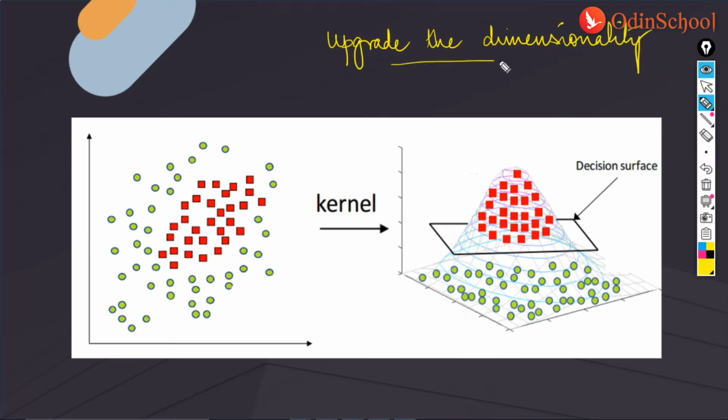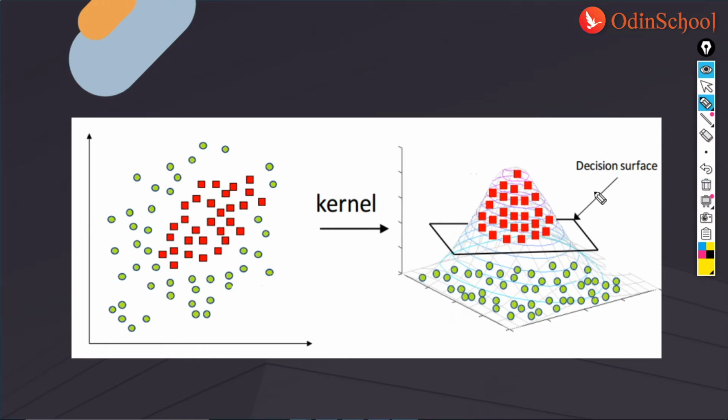What happens when you upgrade the dimensionality is that your data points can be easily separated. And that is where we could use the kernel method.